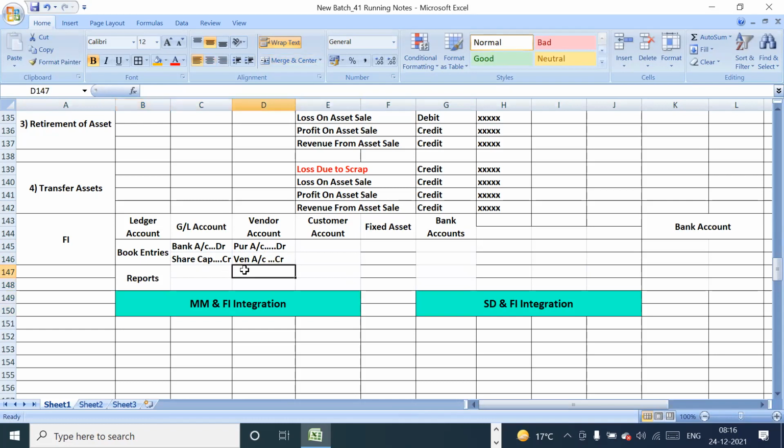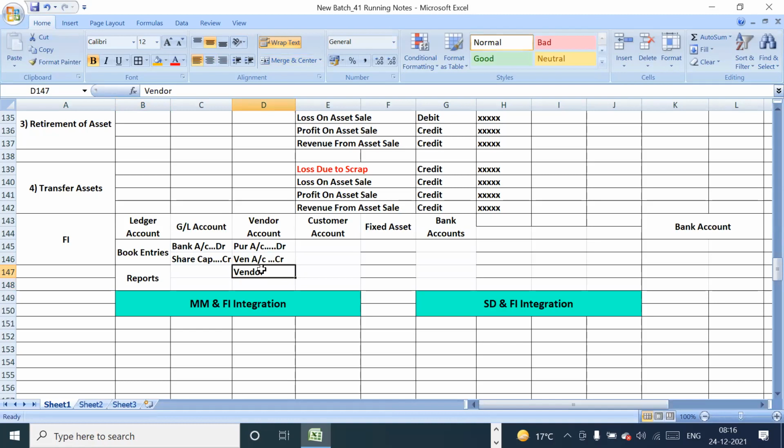Here we are going to see the vendor reports. What is the outstanding payable amount, vendor wise? What invoices are there, what is the outstanding amount payable, and when is the due date? All these things you can see in vendor reports.